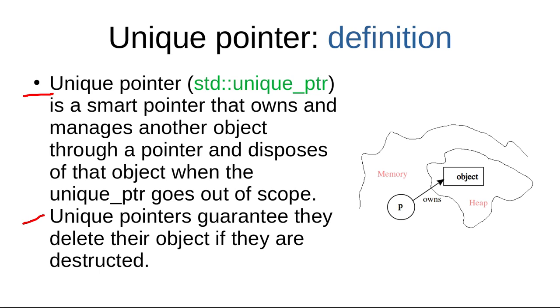So unique pointer is similar to shared pointer. It's a smart pointer. You don't have to call the delete method when you use unique pointer. The only difference between unique pointer and shared pointer is that unique pointer can only point to one object, and that object can only be pointed to by one pointer.